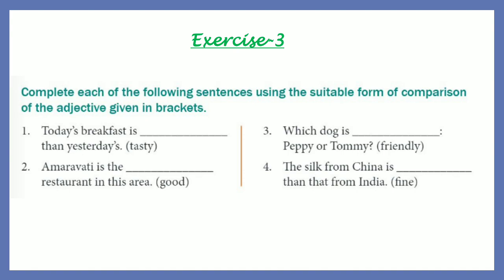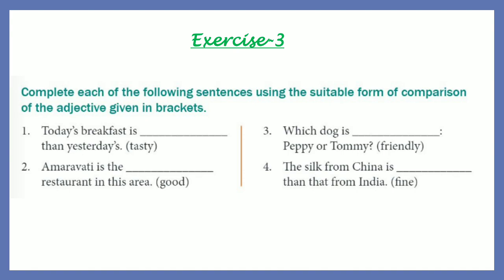Moving towards exercise 3, complete each of the following sentences using the suitable form of comparison of adjectives given in the bracket. Adjective words are already given. We have to use the correct form of the word, whether to use comparative degree or superlative degree or simply positive degree.